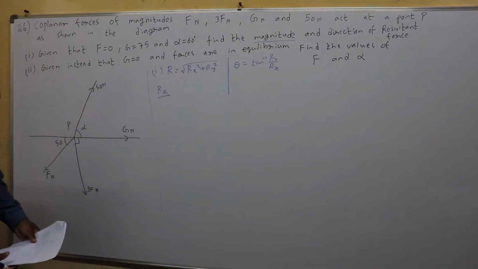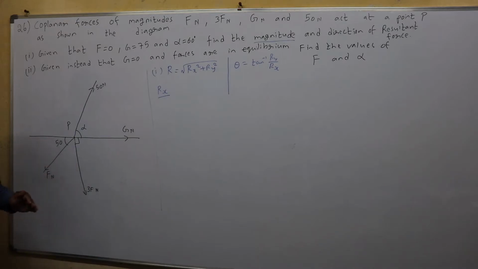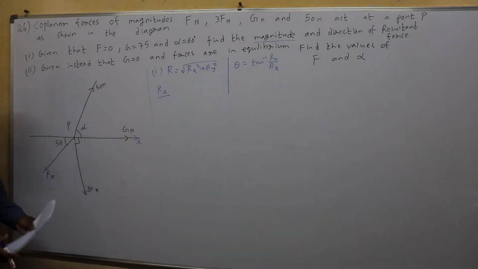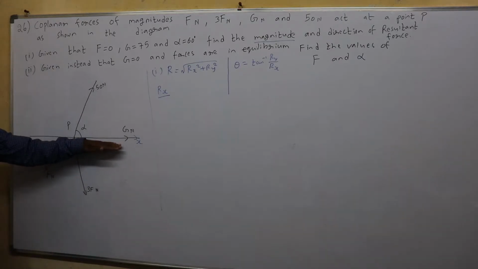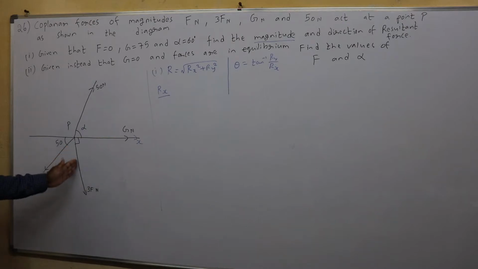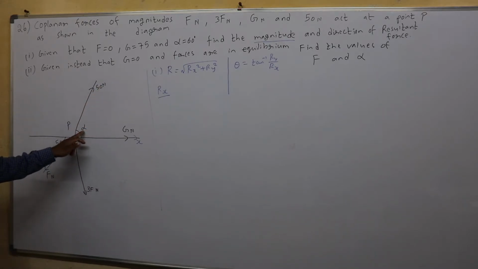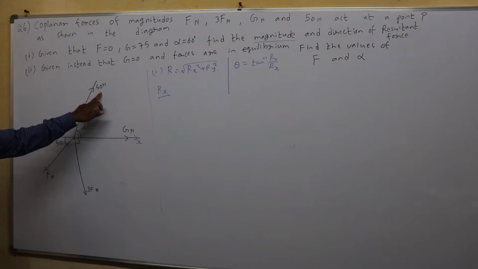Let's resolve it. Nothing is given to be the x-axis, so I assume it to be the x-axis. G is acting horizontally, so I don't need to resolve it. 3F is acting vertically down, so I don't need to resolve 3F as well. 50 Newton is acting at an angle alpha, so this 50 has to be resolved.